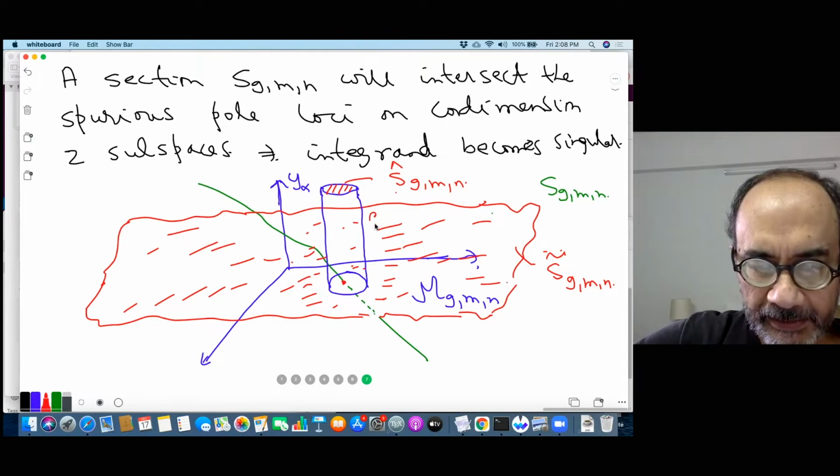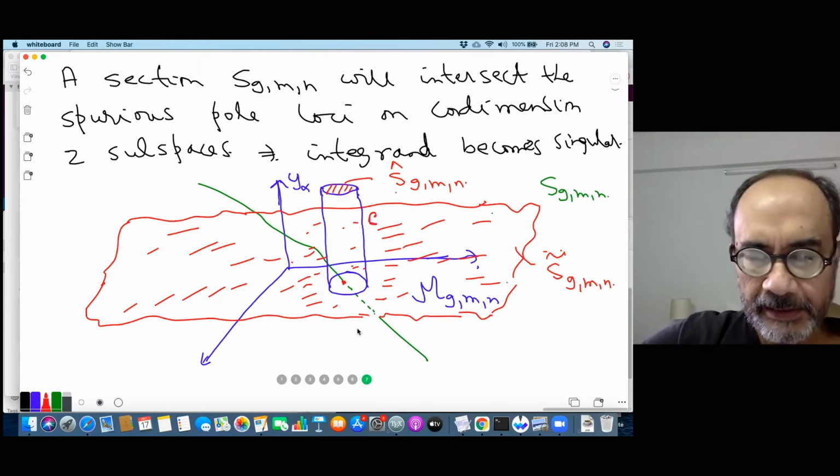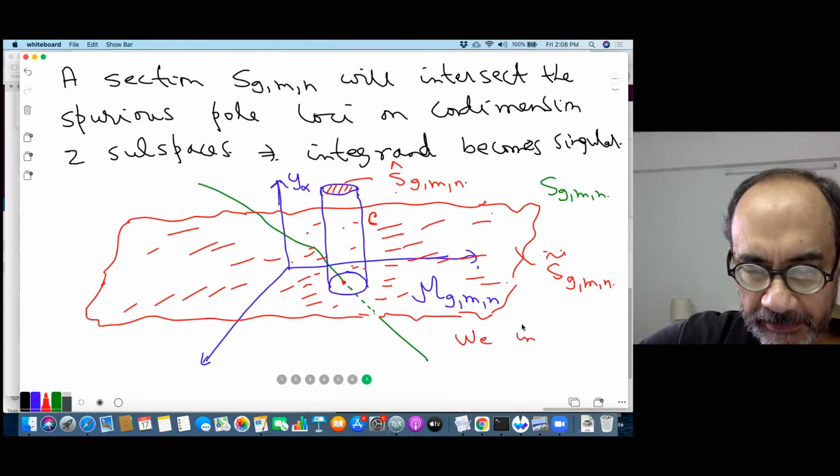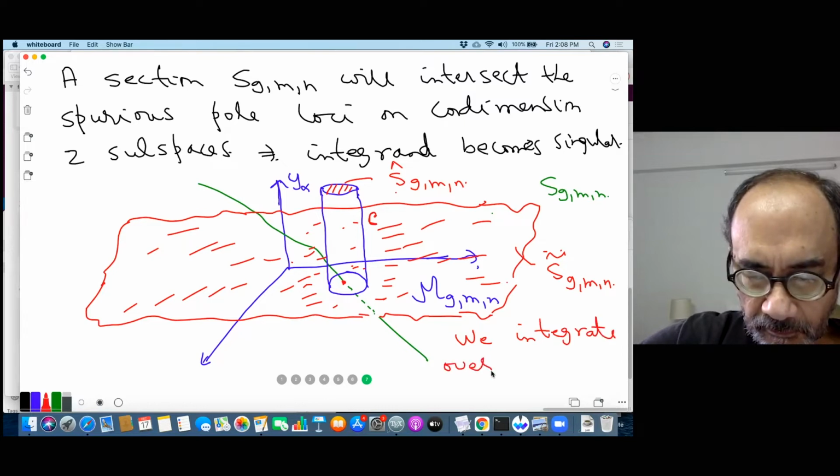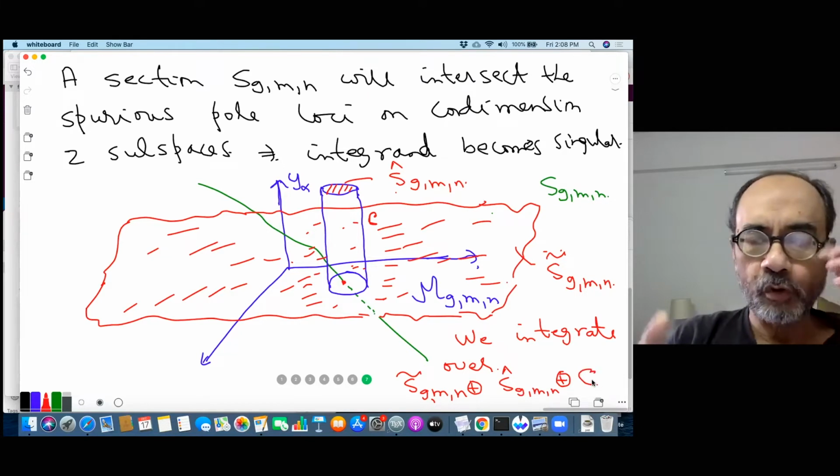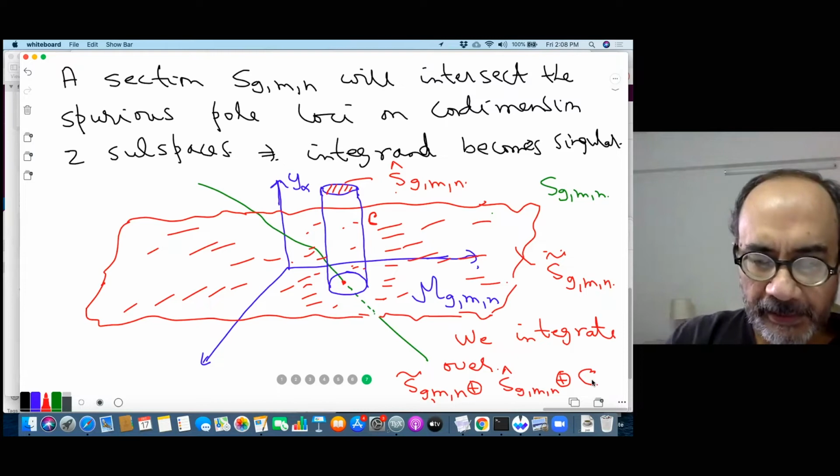Let's call this C. So the prescription is that we will integrate over all of these. This flow closes, of course. We have just deformed the section by adding this vertical segment and then closing it off after you have crossed the PCO.